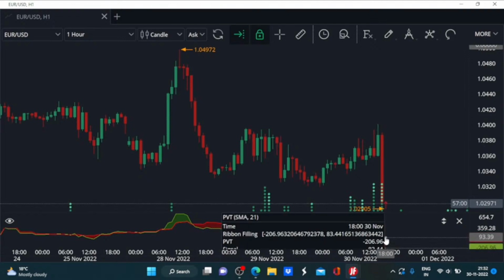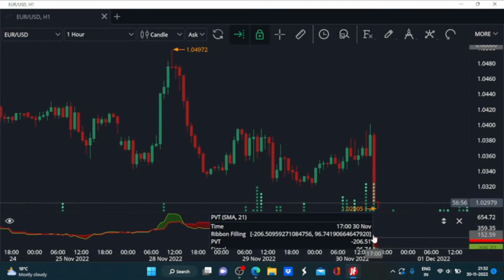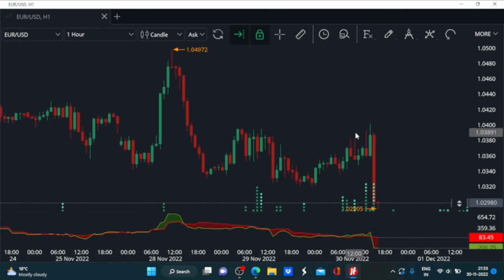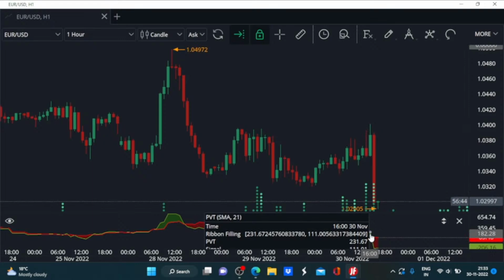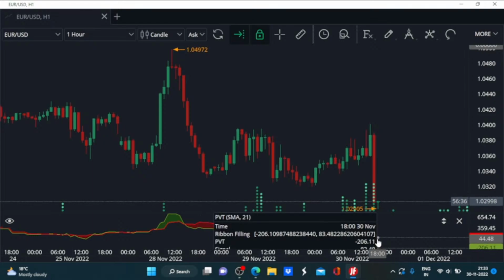At the same time, if we look at the signal output, it is rather stable because this signal line is simply the 21 period moving average of this PVT line. So as and when there is any significant change, that will be immediately reflected in the charting of the PVT, but it will take some time for it to impact the moving average of the PVT.